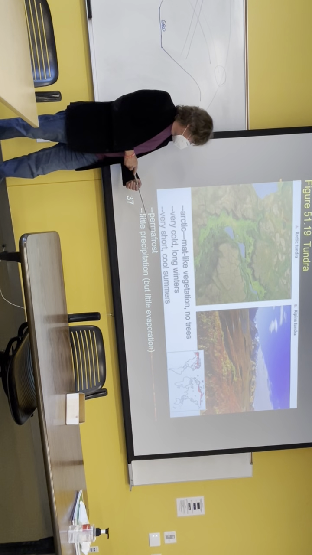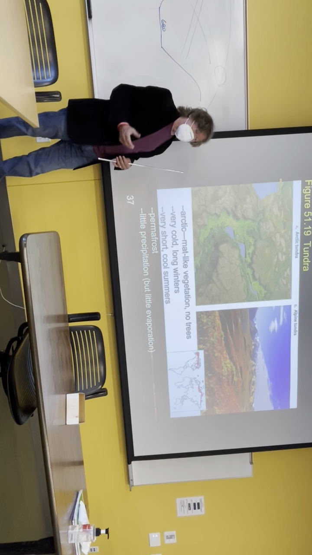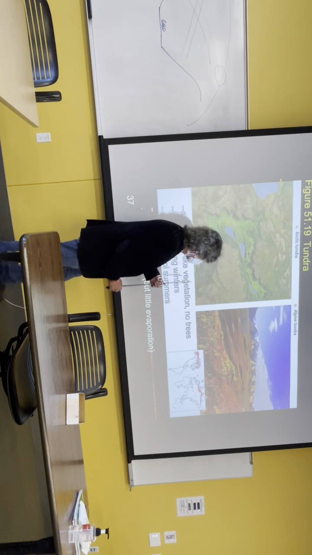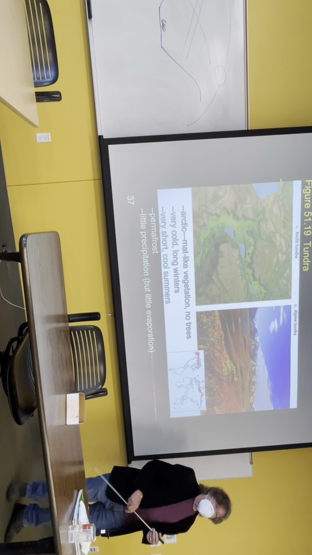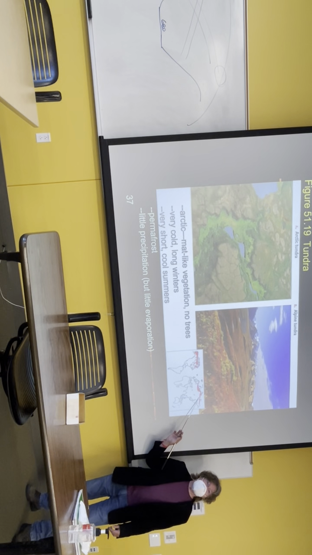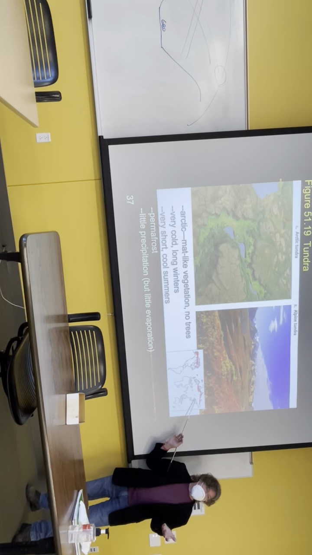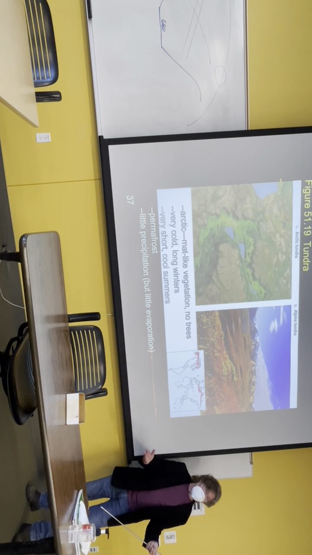Further to the north, permafrost. The ground never thaws out, but it's starting to now. In fact, mostly over here in Siberia, they're having a lot of trouble because they have villages up here, and as this permafrost has disappeared, the buildings are starting to sag and fall down because the soil is moving.